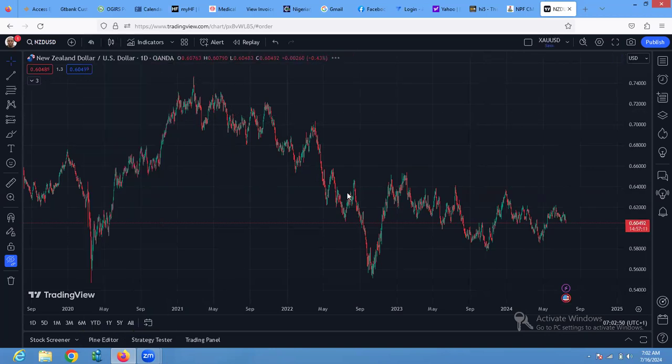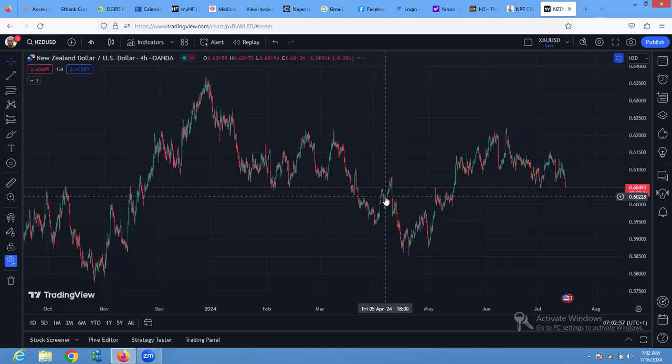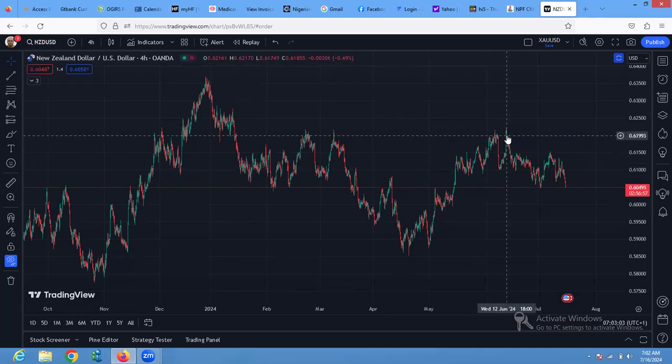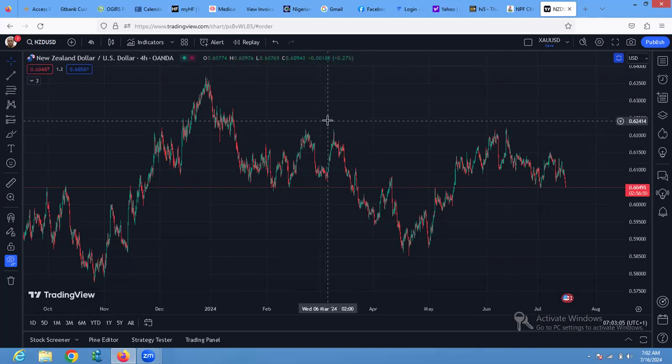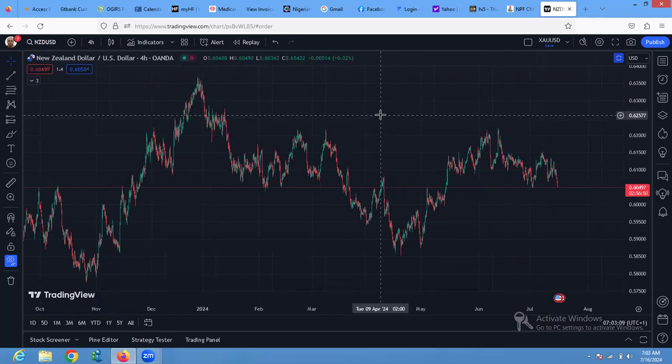On a 4-hour time frame, we can see it very well that this is B here and this is A here, and this is where we are coming to. I want us to see a pattern that is developing here, which is very strong.